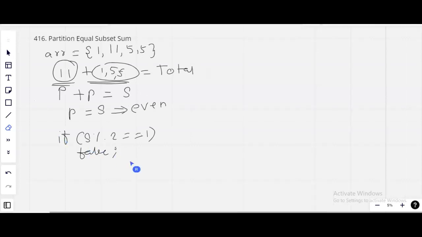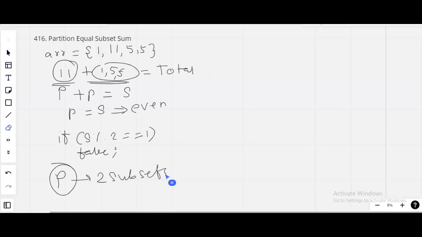So now if we have the sum as even, then we have to think further about what we can do. Now we have to find two subsets which have sum p.